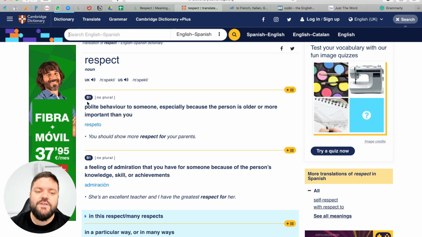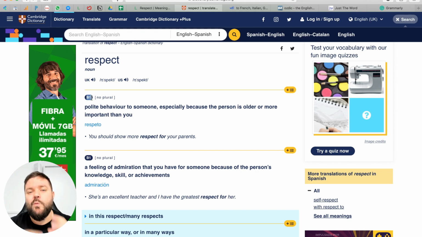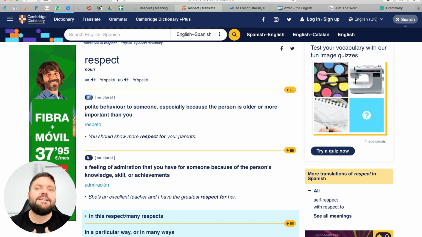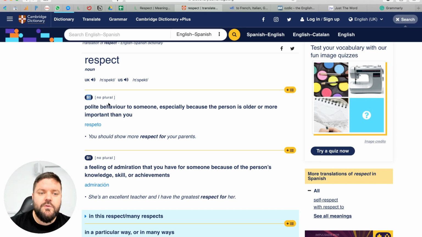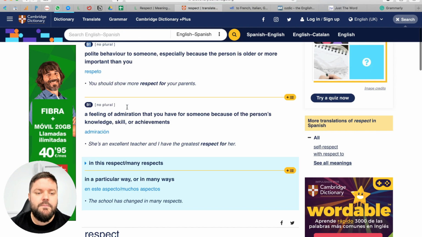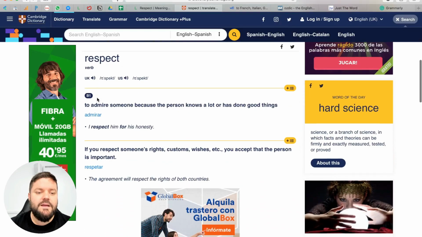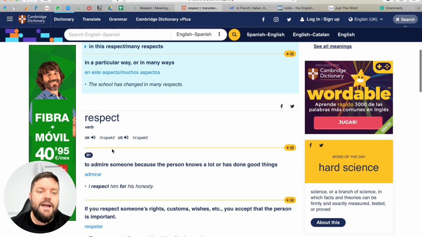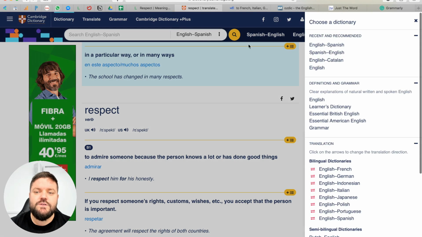And this is very interesting, for many words they actually tell you at which level you should be able to understand and use this word. For example, as polite behavior to someone, that's a B1 meaning. So in this case, all of them are B1. And then you can also choose different languages to translate it to.